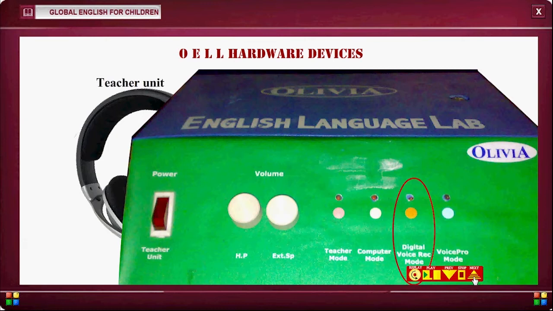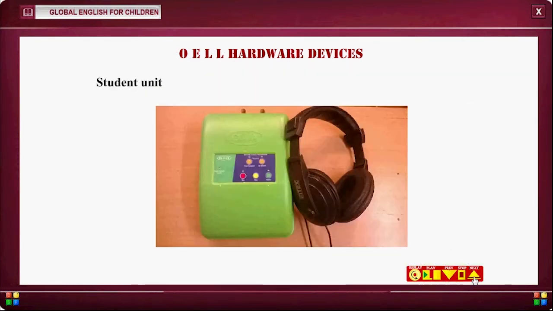Digital voice recorder. The digital voice recording portion in the student unit becomes active when the teacher switches this on. Voice Pro. The teacher switches this mode on to enable the students to record their performance in the computer.